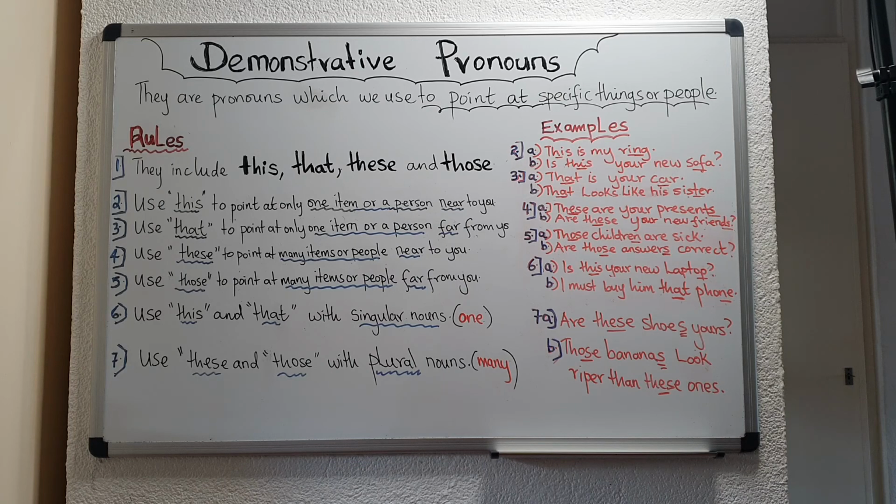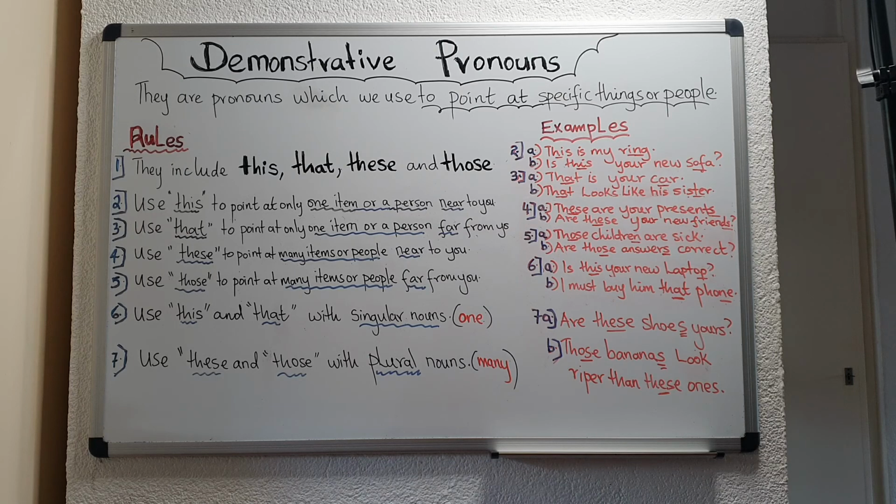So we use these and those, okay, with plural nouns. In the last example, we're talking about many bananas, okay? So those bananas. So imagine also you're walking around the market and you're looking for bananas, okay?